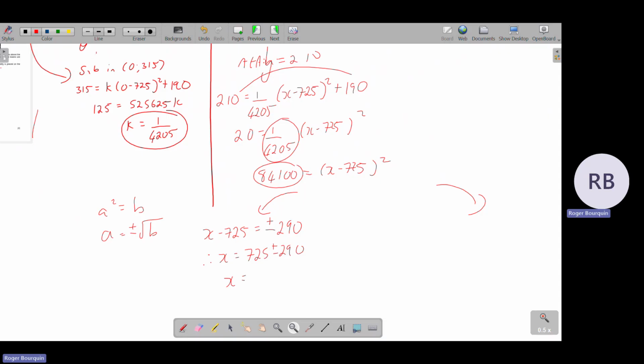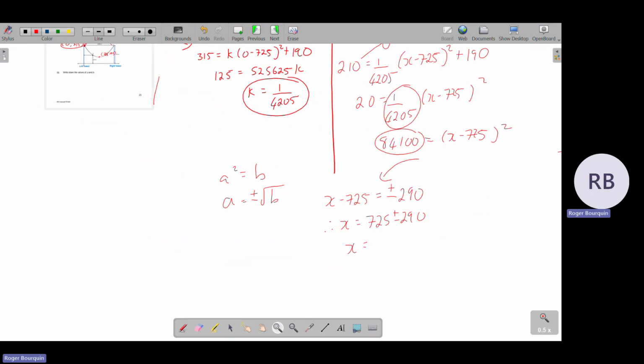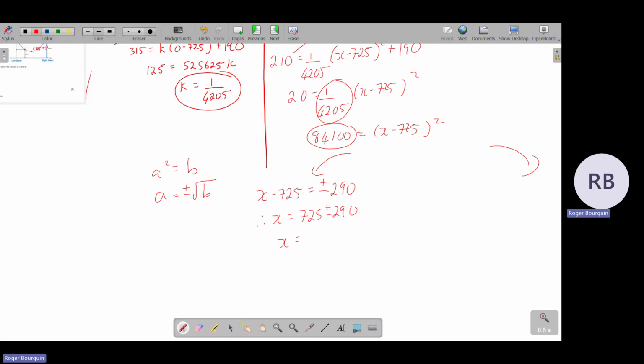Okay, so you get 725 plus 290, which is 1015. Sorry. So x is equal to 1015, or x is equal to 725 minus 290, which is 435.